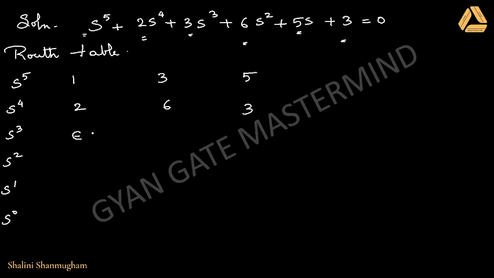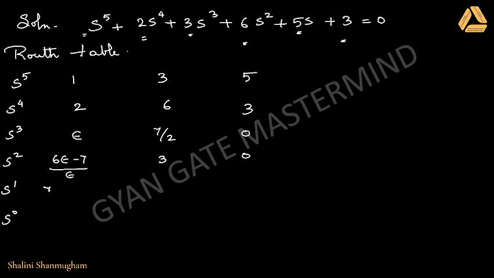So I am going to introduce a small positive number, epsilon, instead of putting 0. By proceeding further like this, you will get this table: 6 epsilon minus 7 divided by epsilon, and this becomes 3 and this becomes 0.